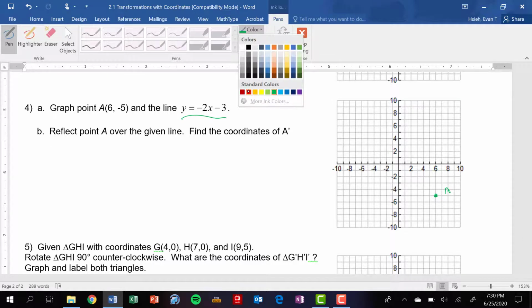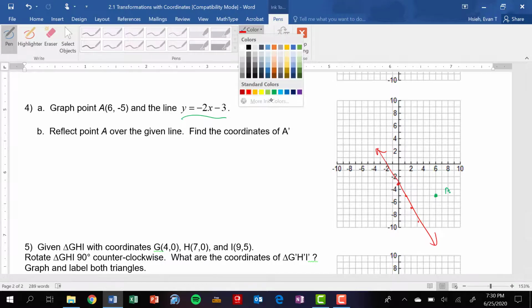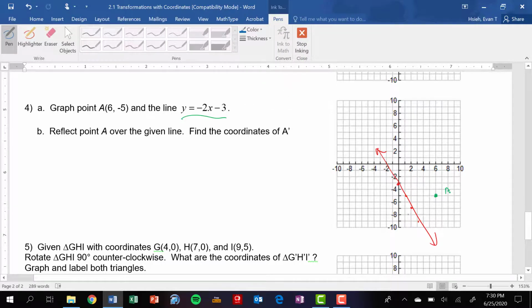And it's going to be down 2 over 1, down 2 over 1, down 2 over 1. Connected like that. And I want to reflect the point A over that line. So it's going to end up somewhere around here and get an A prime.